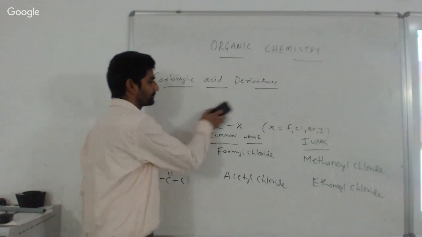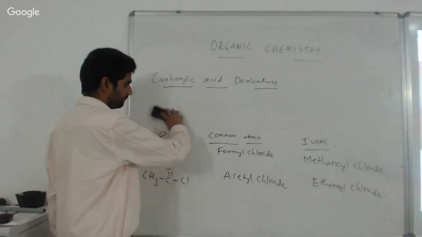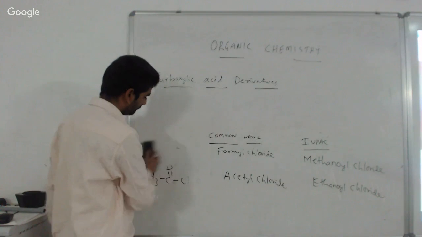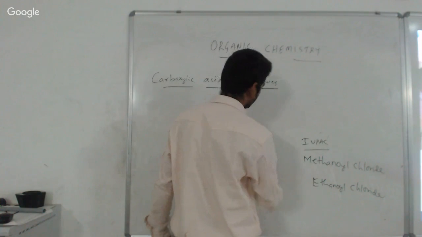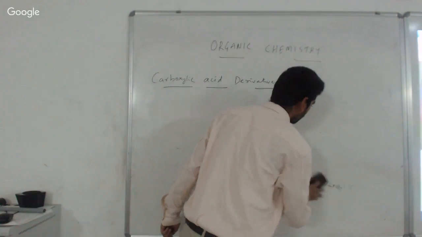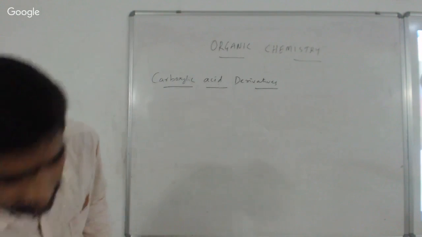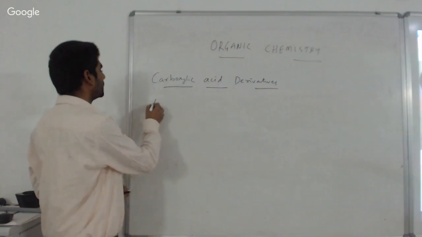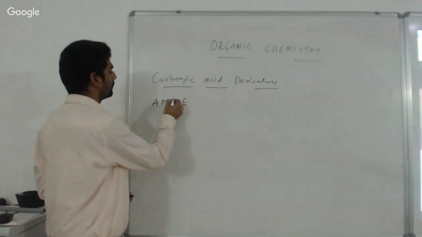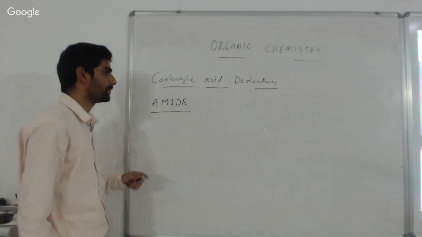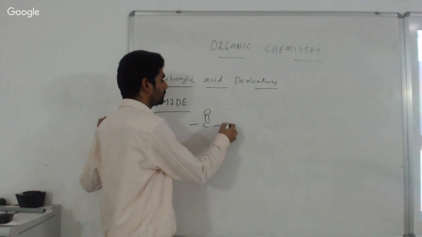Amide, the acid amide, simply called amide. The functional group is represented as C double bond O NH2.